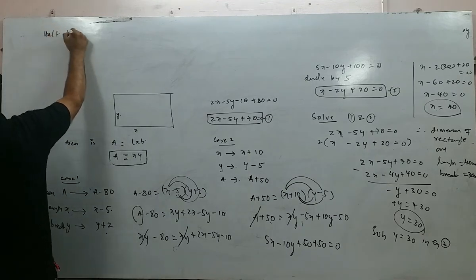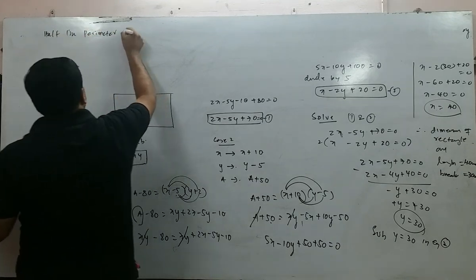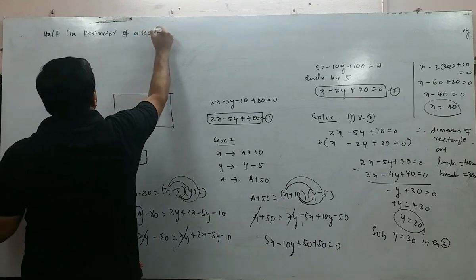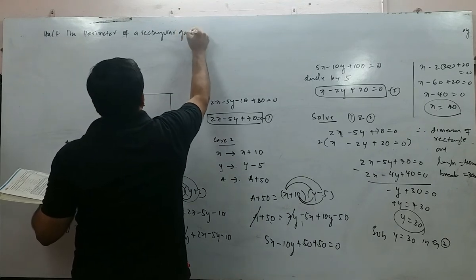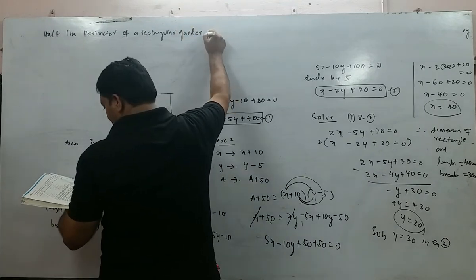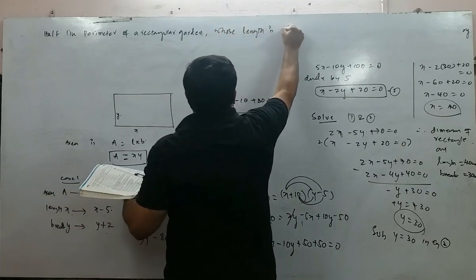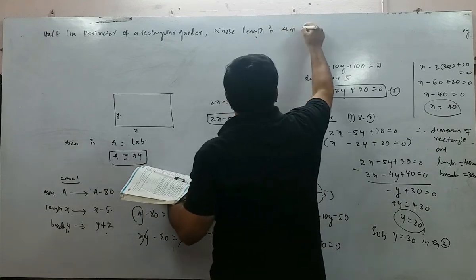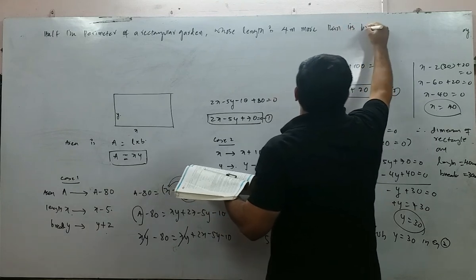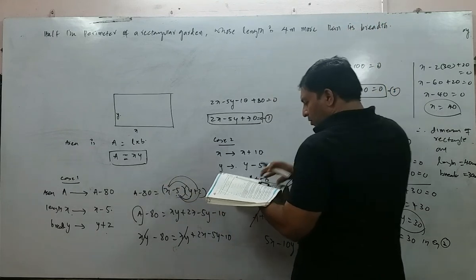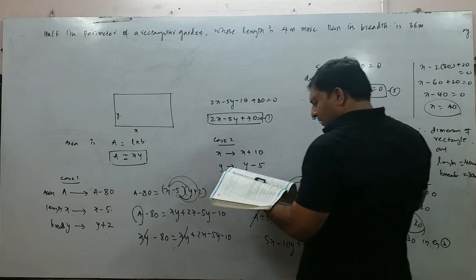Half the perimeter of a rectangular garden whose length is 4 meters more than its breadth is 36 meters.